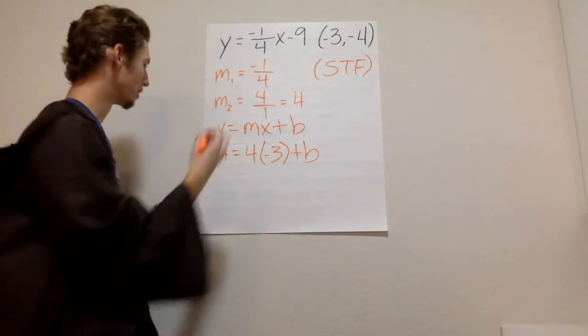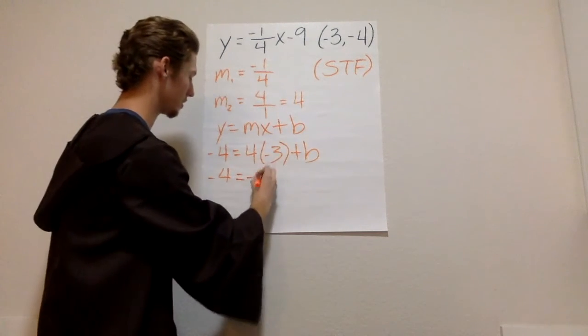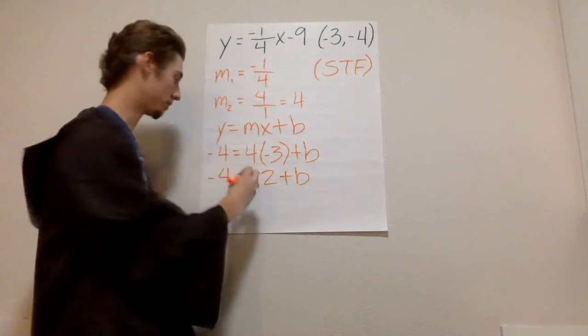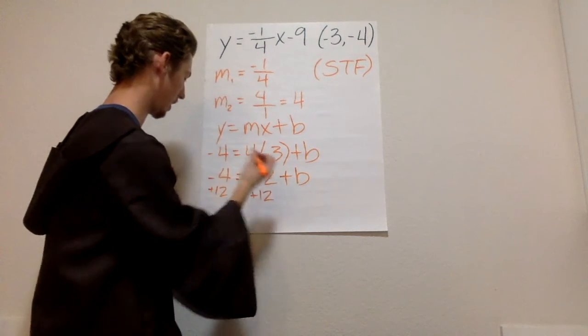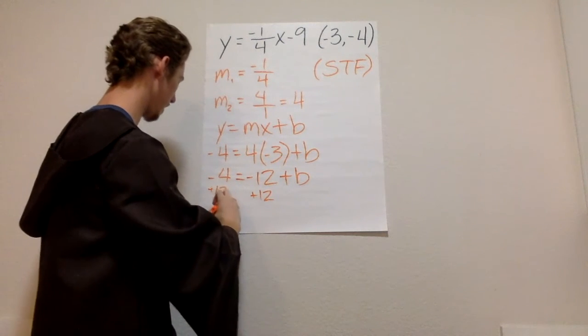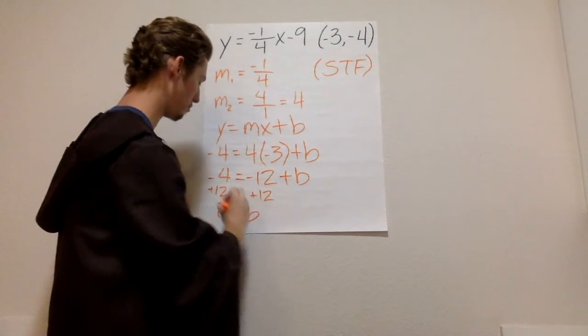So we got -4 equals 4 times -3 is -12 plus b, and then we would add 12 to both sides to get rid of the -12 over here. -4 plus 12 is going to give us a +8, and these cancel out to give you b.